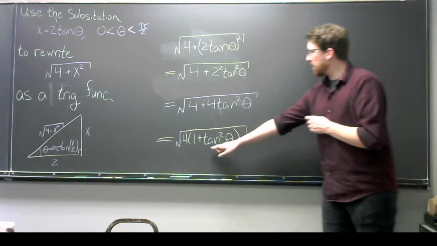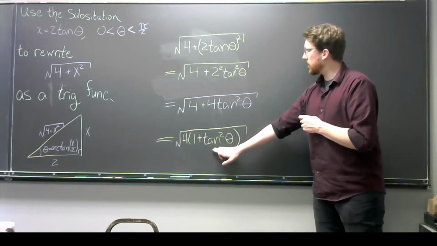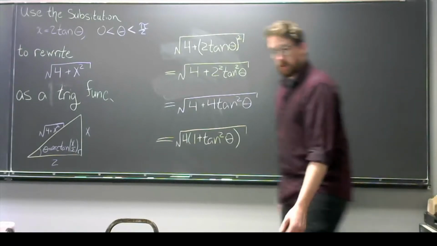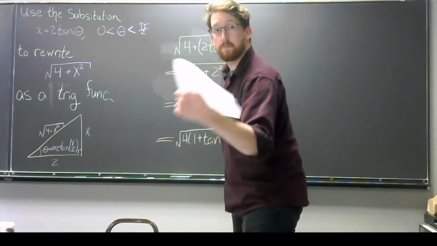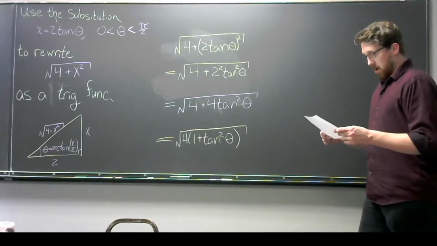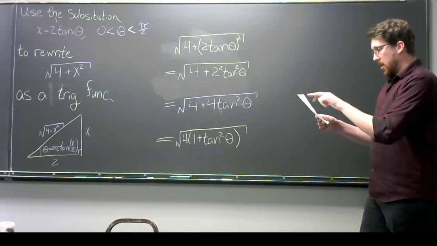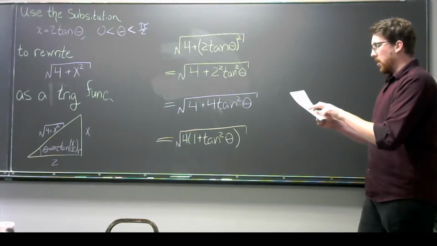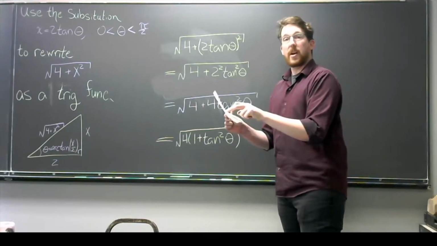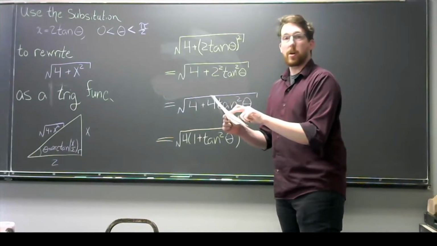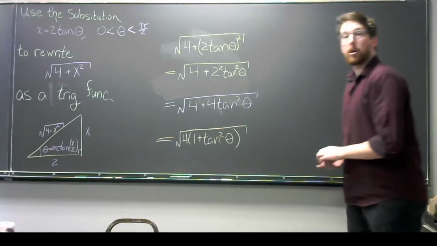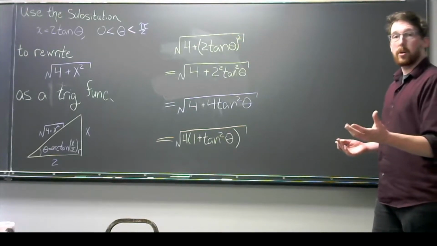Well, I do believe this is an identity, isn't it? When we go back to our identity sheet that I put on the front page of Blackboard for everyone, we'll find in the middle of it, under the Pythagorean identities, we have 3 different identities. It's the middle one we want to use here: 1 plus tangent squared of u is equal to secant squared of u.